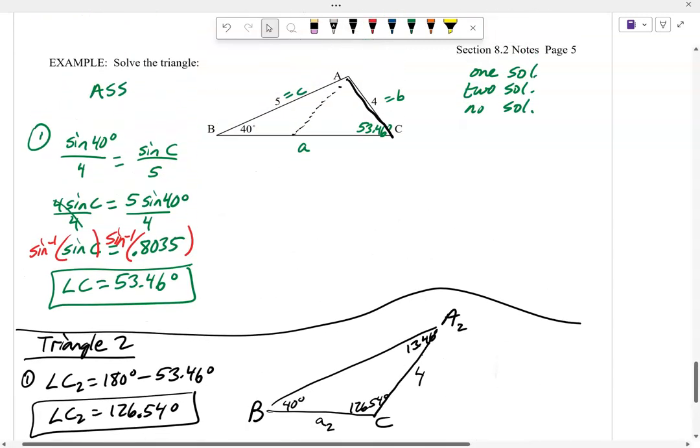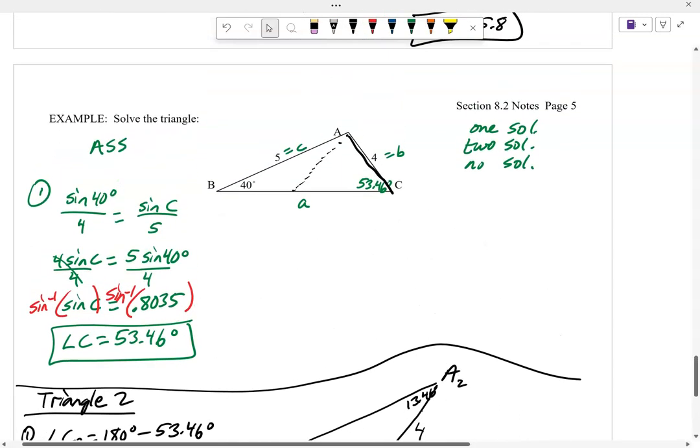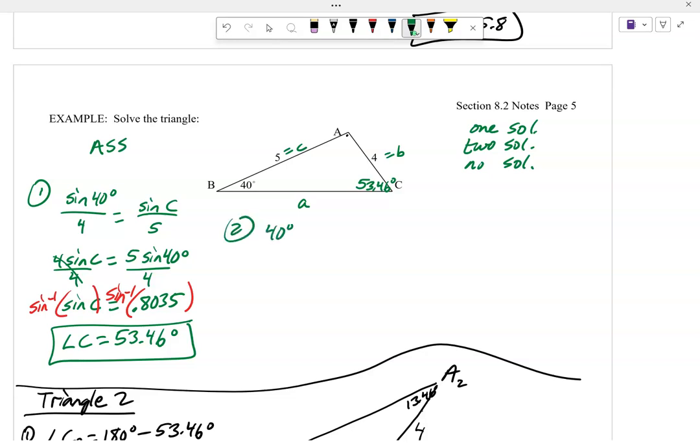Let's go back up, let's finish the original. With 53.46, that angle being acute. So we got 40 degrees for angle B, 53.46 degrees for angle C. What's angle A? They all add up to 180.